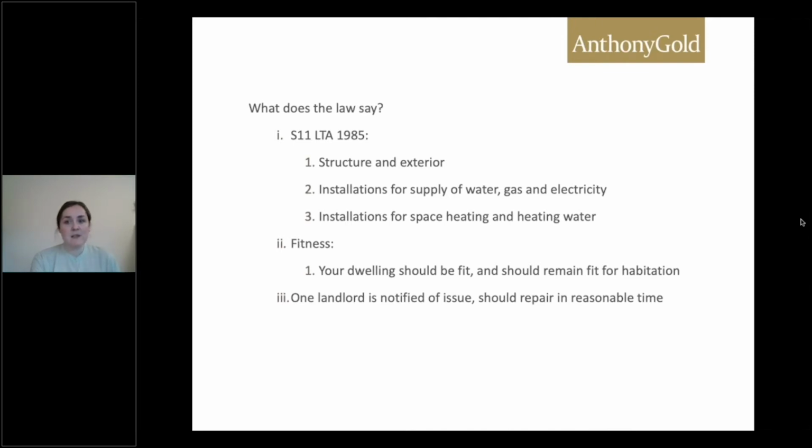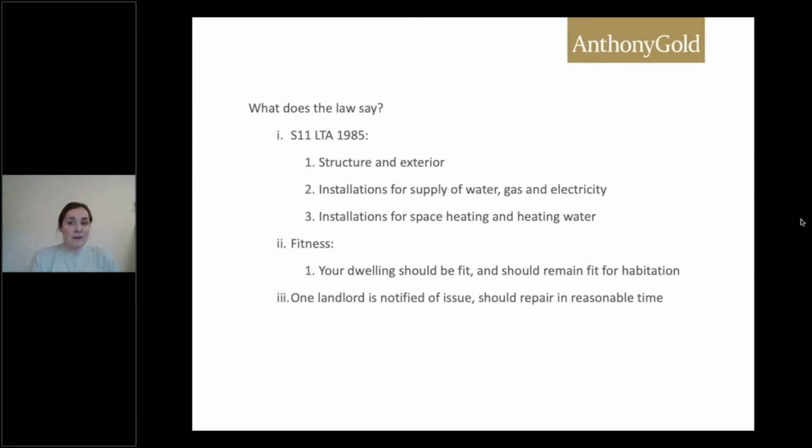And this law says that your landlord must ensure that your property is fit for human habitation at the time that he grants you the lease. And then your landlord must also ensure that property remains fit for human habitation while you occupy it.